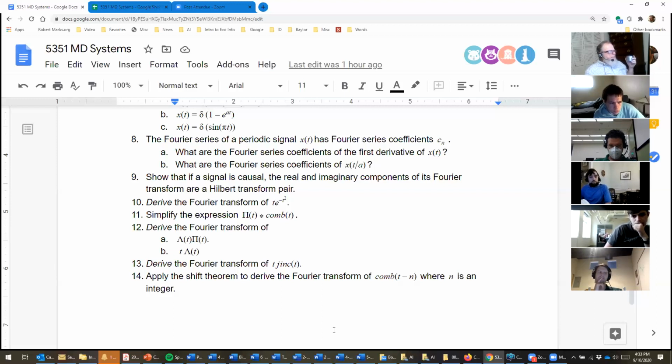And then the last question that I asked, hopefully these are enough suggestions to get you going. Does anybody have an idea of equation 14?